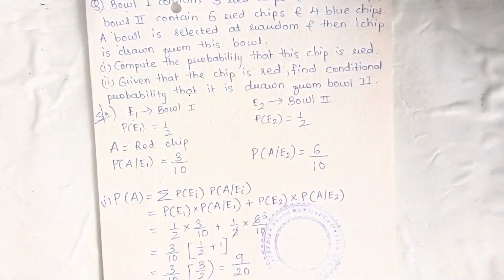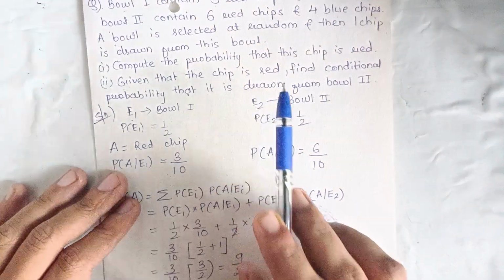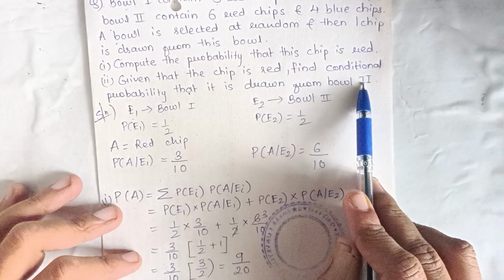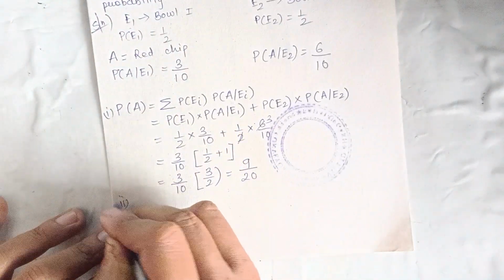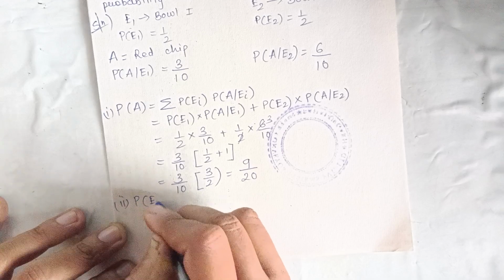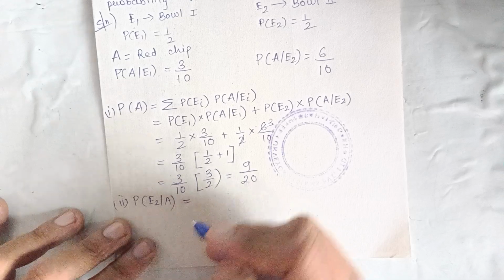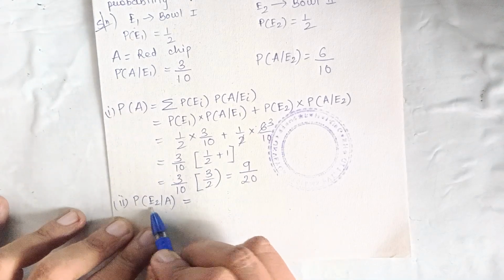Next question is, given that the chip is red, you have to find the conditional probability that it is drawn from bowl 2. Now here we have to use Bayes theorem. From bowl 2, so E2, and the chip is red, A. So P of E2 given A. The chip is red and it is from bowl 2.